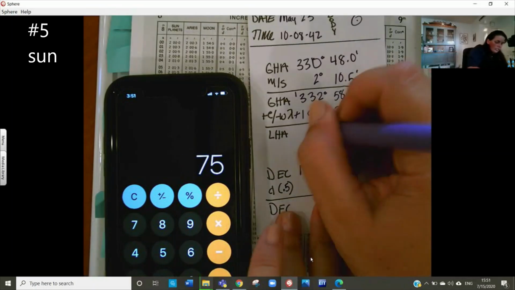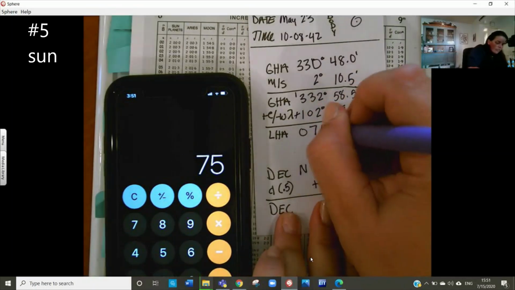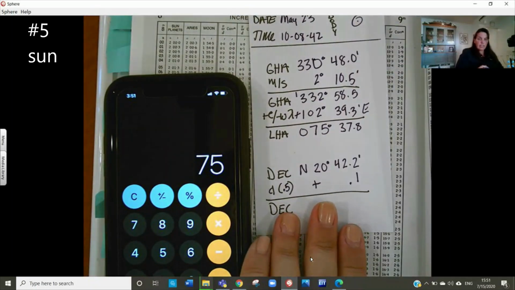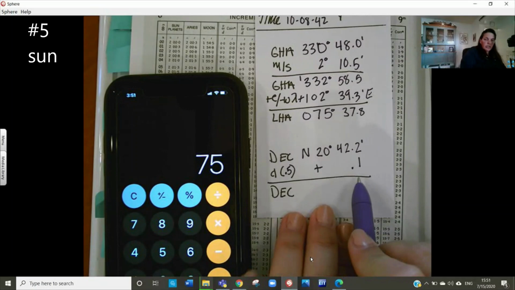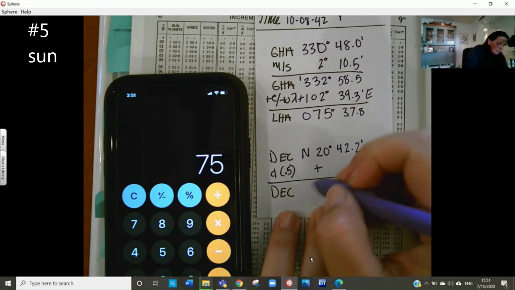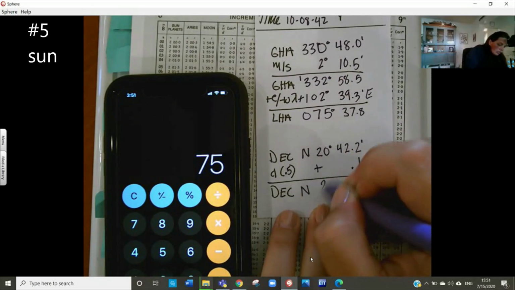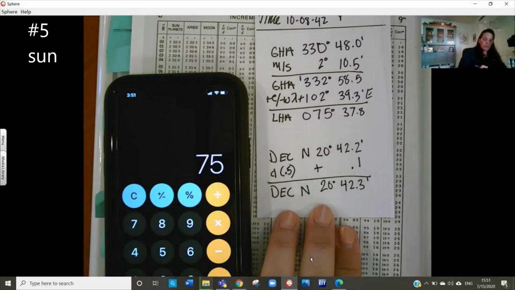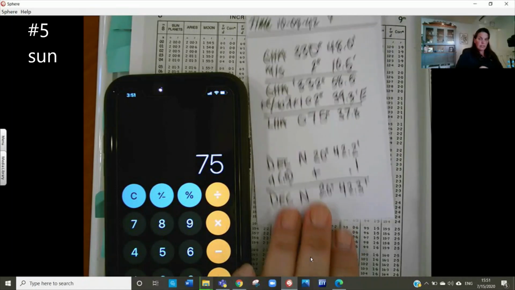And the rest is 75. So that is our LHA. On declination, we are adding the 0.1. So we have north 20 degrees, 42.3 north. And that is our number 5.